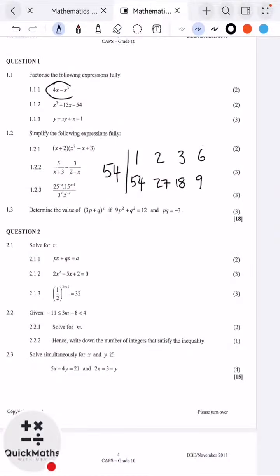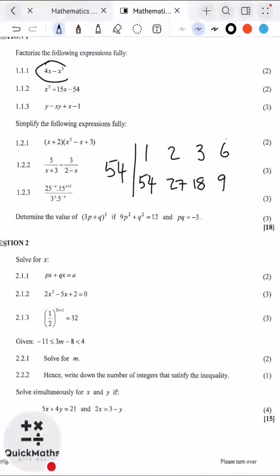Now what we want to do is we see our middle term. Our middle term is a plus 15. We want a pair of factors, maybe this one or this one or this one, those are pairs. We want a pair of factors that is going to give me a plus 15. So if I look at the first pair, 54 and 1, if I add these two numbers together, it's going to give me 55.